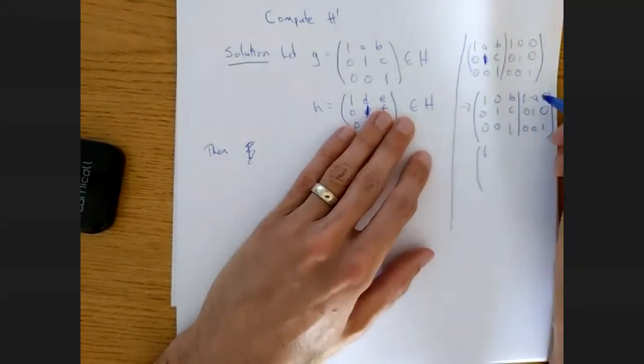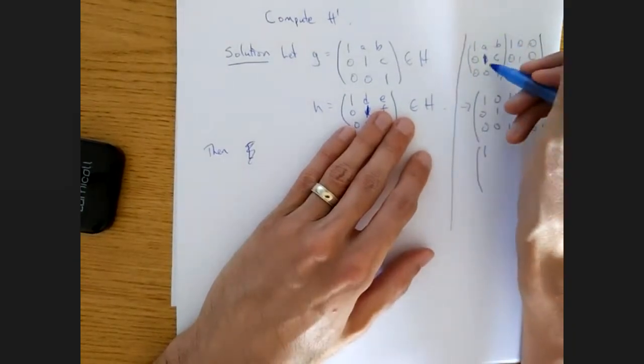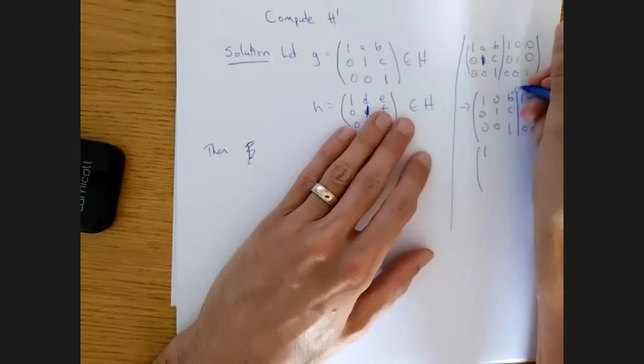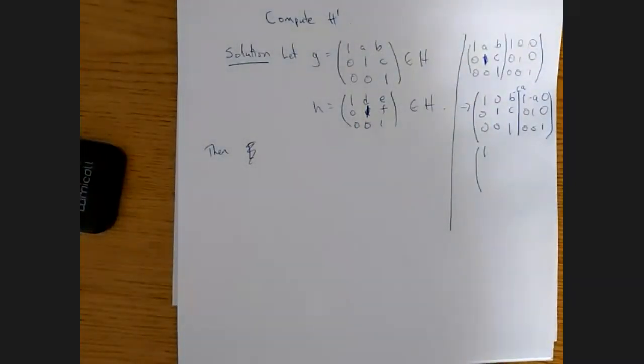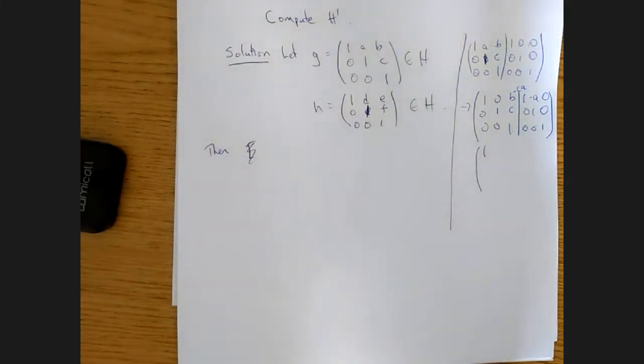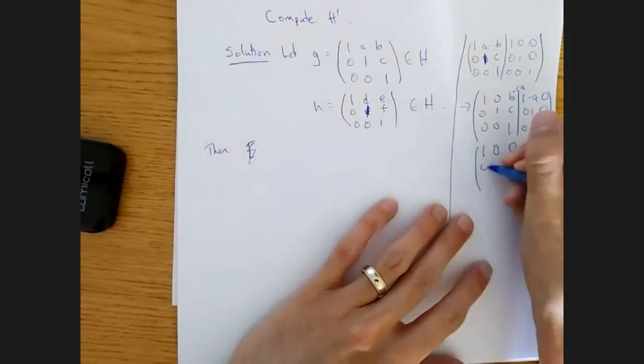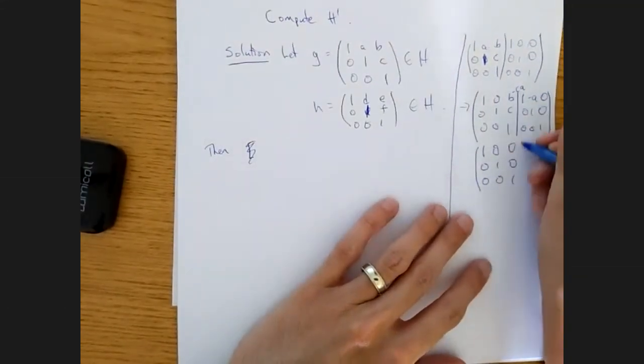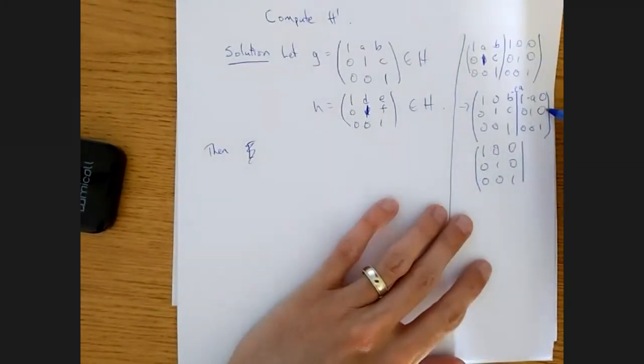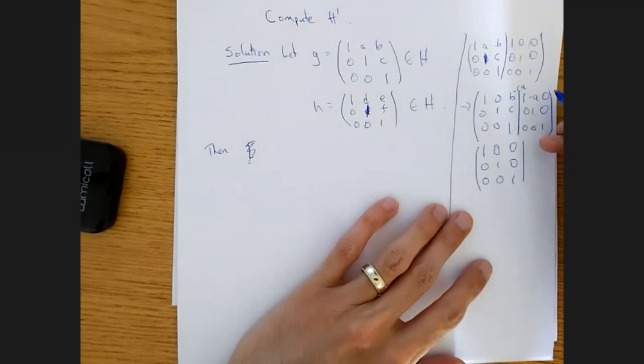When we do this minus A times this, we get B minus CA. So this minus B times minus CA.